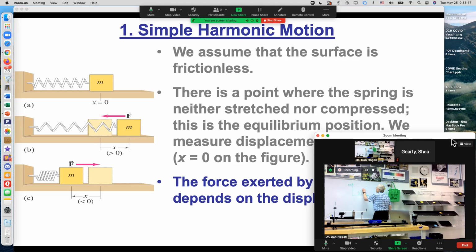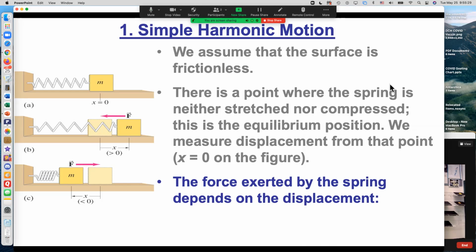If you start up here, the amount of work done is different, even if the displacement is the same. That is the force, and that is in fact part of the definition of a simple harmonic oscillator. A simple harmonic motion has to have a restoring force which is proportional to the negative of the displacement.